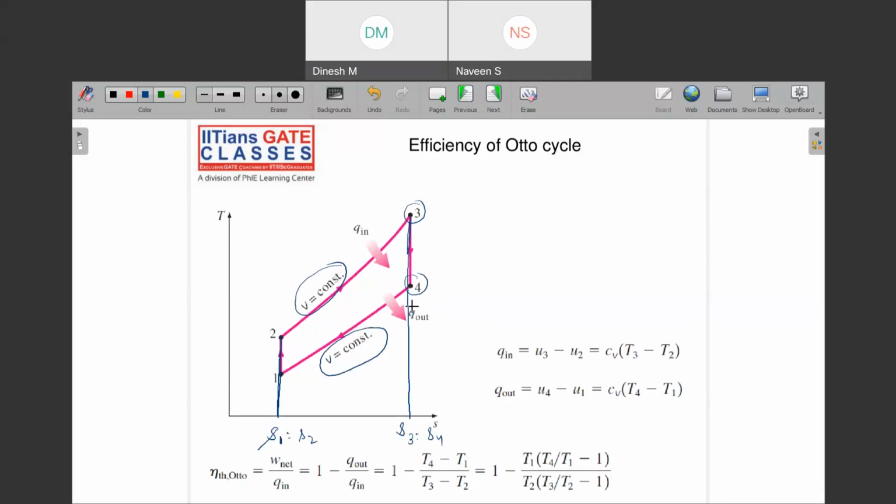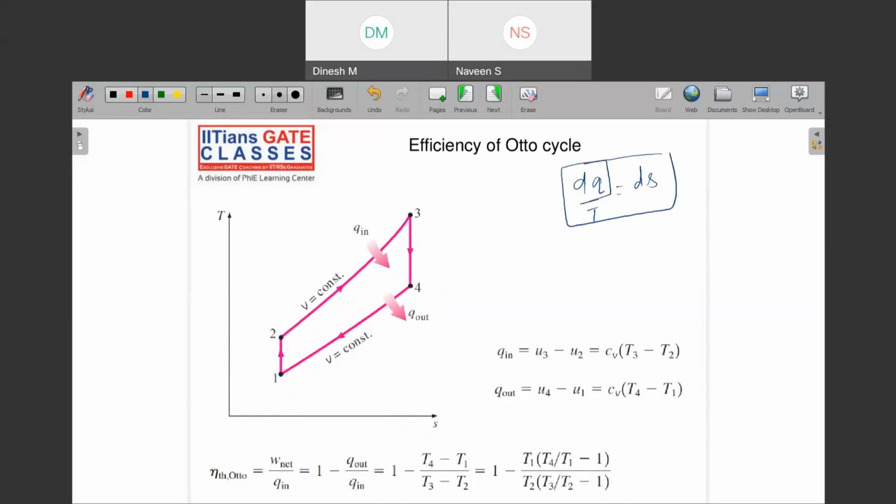Okay, so tell me from your experience in thermodynamics, you have seen that dq upon T was ds. So what is the dq value? dq is nothing but T into ds, right?